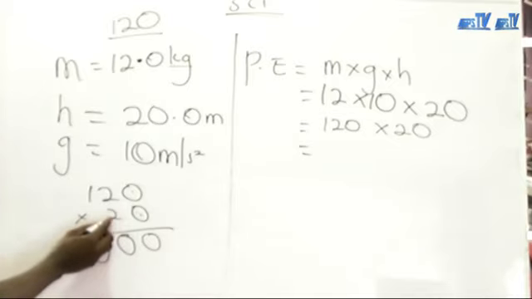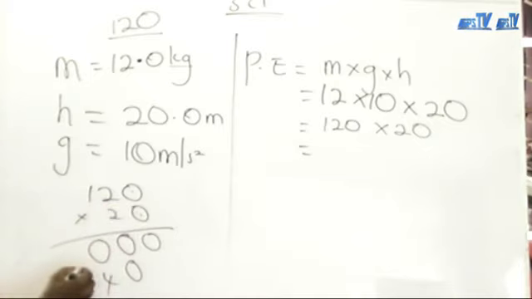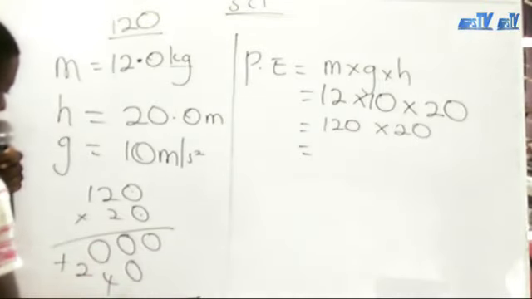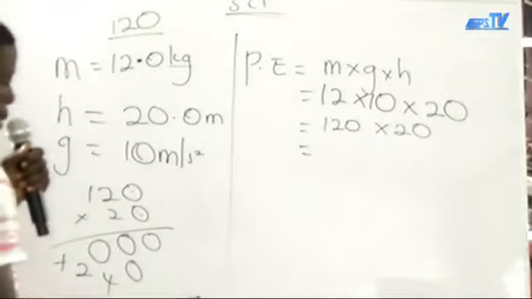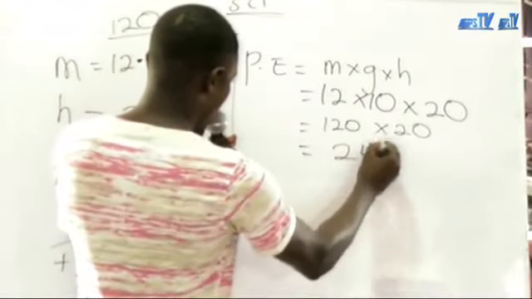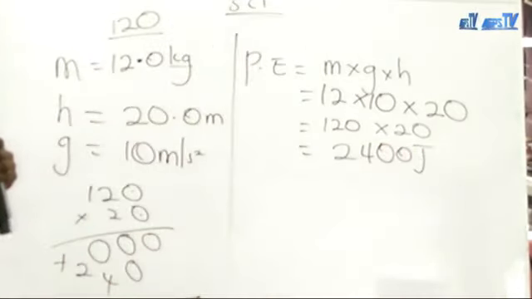Then you write 2, 4 and add them. At the end, you get 2,400 joules. So this is our final answer.